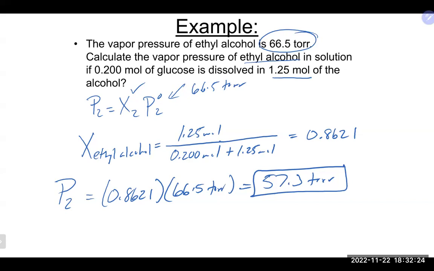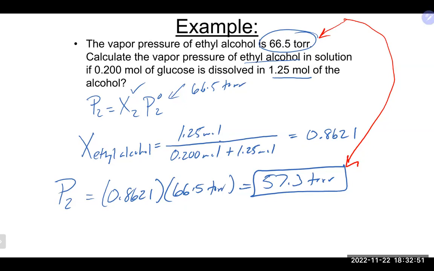This is vapor pressure lowering. Without any glucose, which is basically a non-ionic solute, dissolved in there, the vapor pressure above the ethyl alcohol is 66.5, which means they're able to escape and get into the gas phase with a lot less problem than when we put extra particles there that get in the way. So they're going to get in the way of the molecules being able to escape to the surface, so less of it is going to escape.